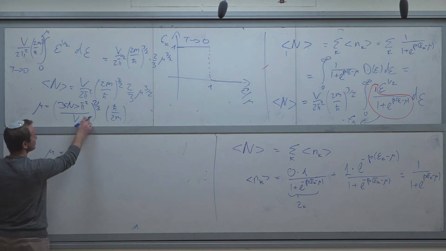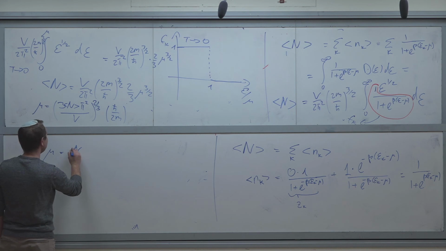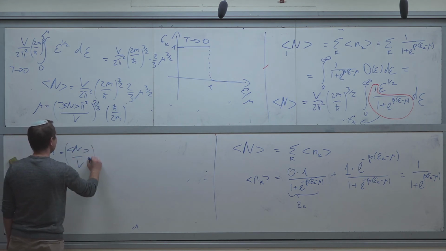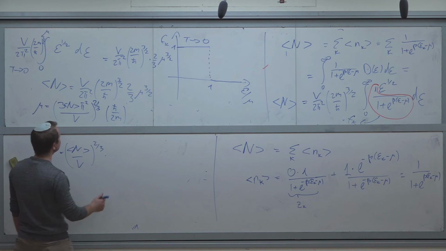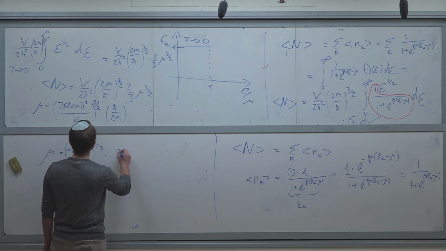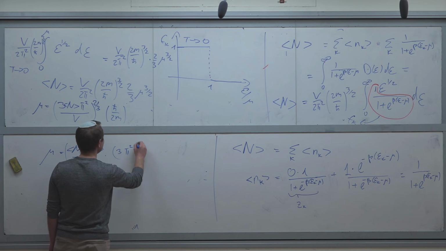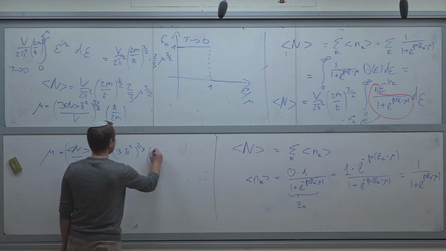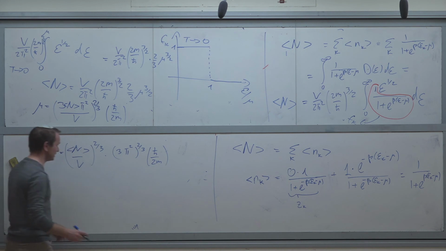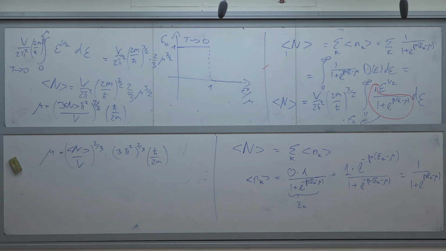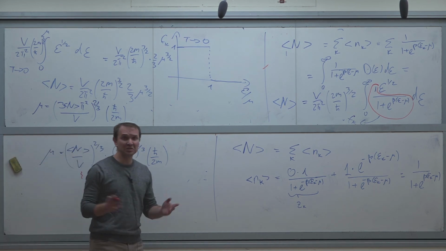We have some constant, so we have average N divided by V to the power 2/3, and everything else, which is (3π²) to the power of 2/3, ħ² divided by 2m, etc. This quantity is the density of the electrons in a metal.